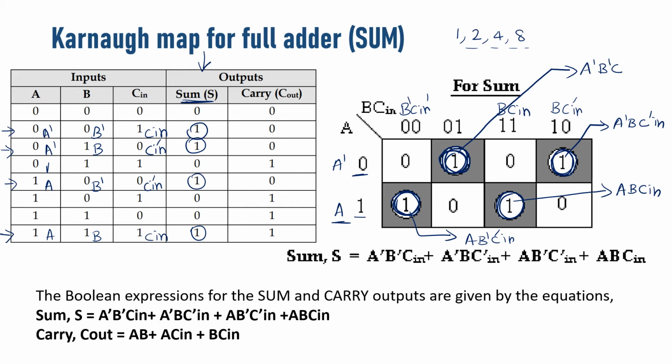If we group this, we get A dash, B dash, C in, A dash, B, C in dash, A, B dash, C in dash, and A, B, C in. So finally, for the sum, we got this value. The sum further we can write in the form of A XOR B XOR C in. This is the final simplification for the summation K-map of the full adder.